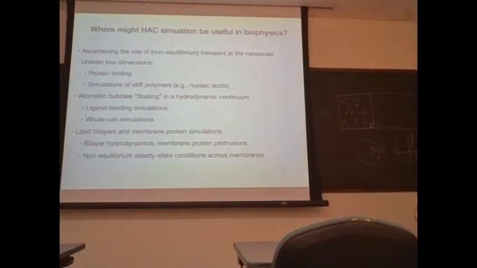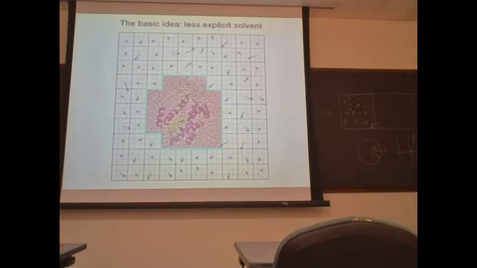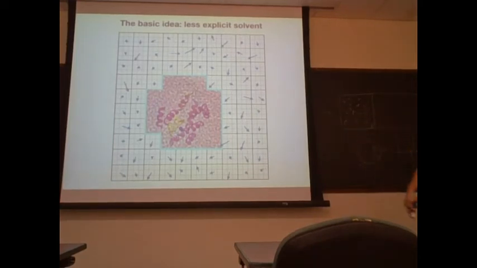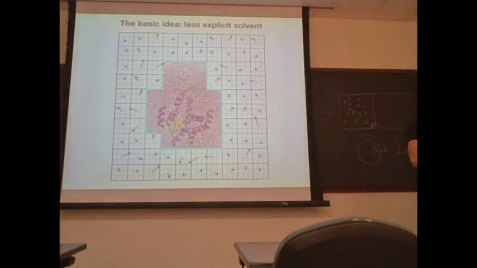Okay. So, here's another, not a spherical blob. You have some solute, some solvent surrounding it that's explicitly represented, and then some fluid on the outside. The nice thing about these simulations is you can trim as much of the solvent as you want.